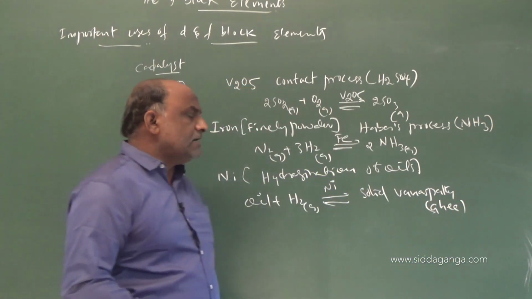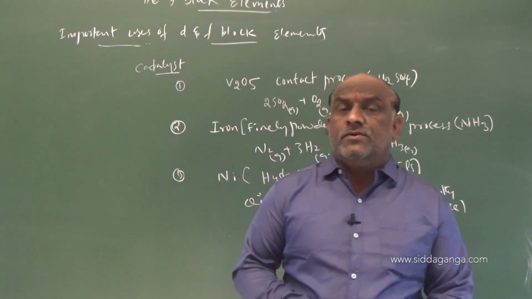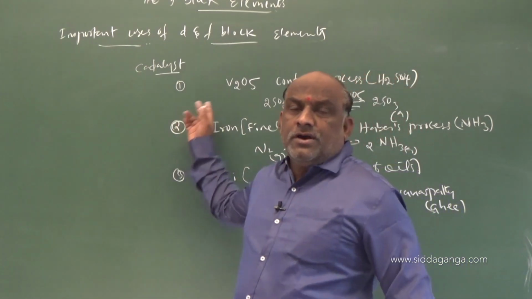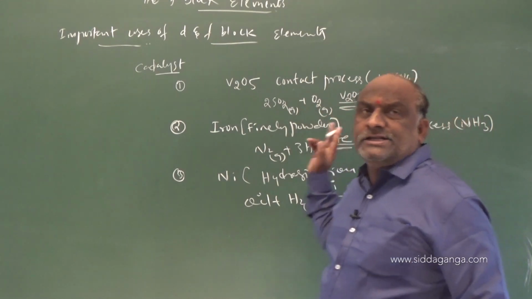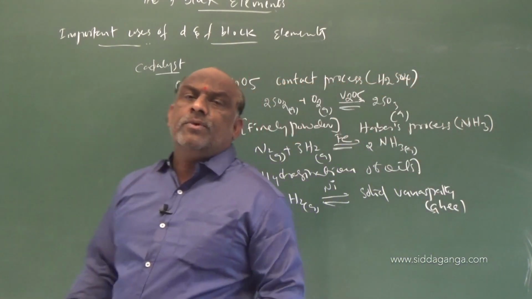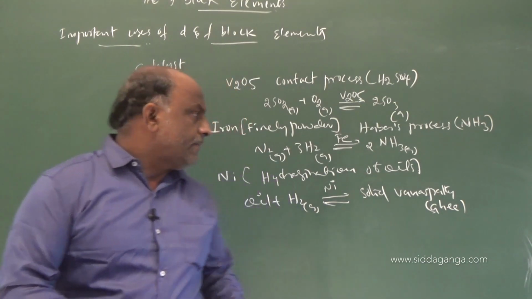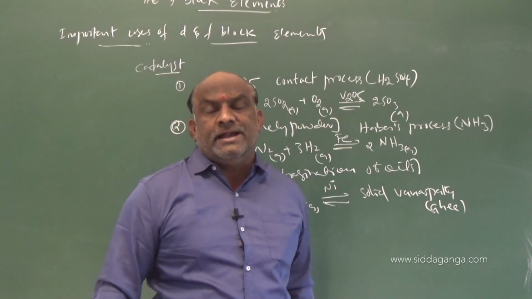This reaction is called hydrogenation of oils. For this hydrogenation of oils, the catalyst is nickel. Clear? Contact process, vanadium pentoxide. Haber's process, finely powdered iron. And hydrogenation of oils, nickel is used as a catalyst.